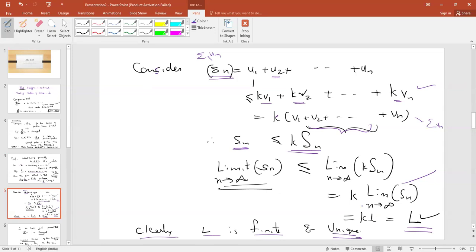Therefore this limit is finite because L is finite. Anything less than L is a finite number, and of course it is positive because all the terms are positive. So it is a finite positive quantity, something less than capital L. Therefore, we conclude that summation un is indeed convergent.